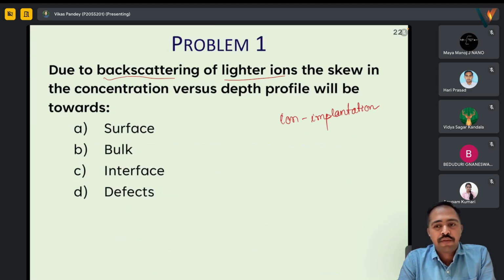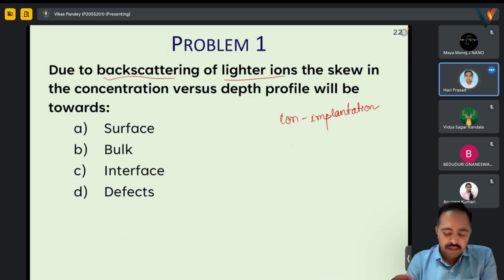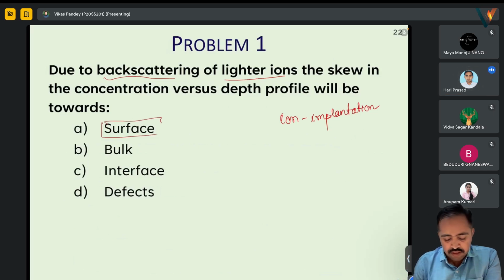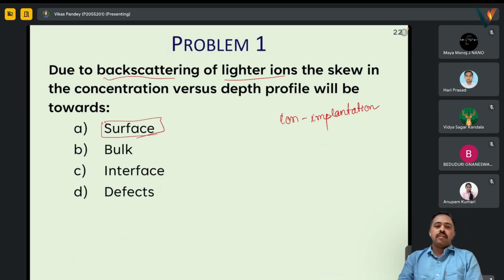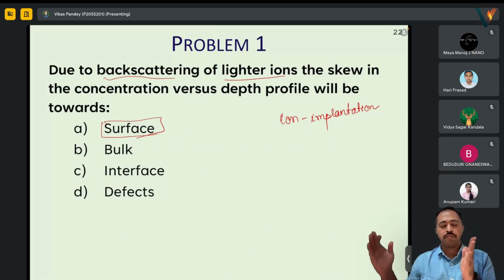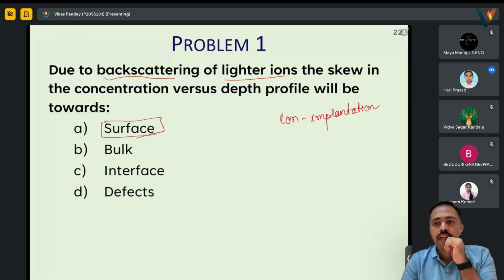I think we have discussed this today only at the starting. Surface, I think, sir, shifting to the left side. Yes, left side. So that is the surface. We are representing surface, then going deep, right?